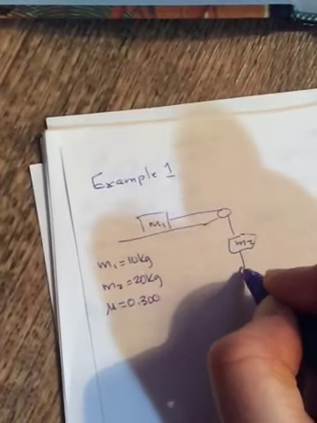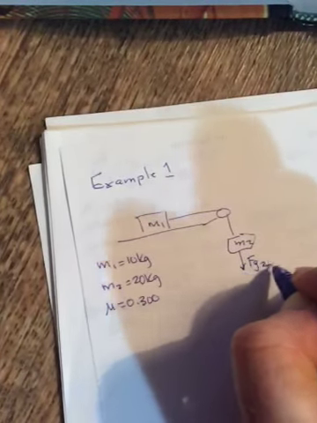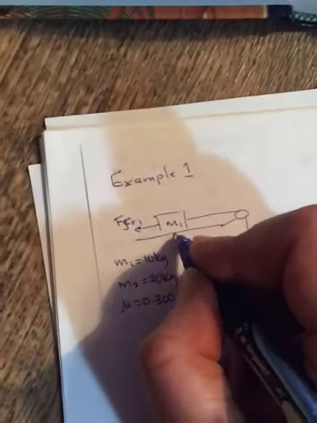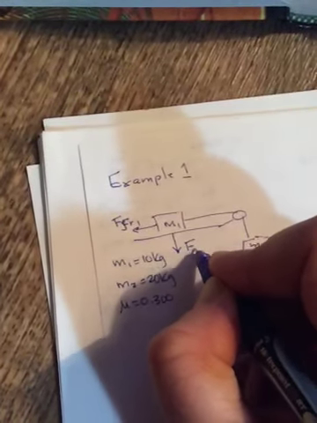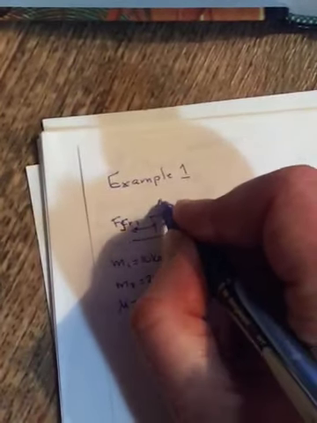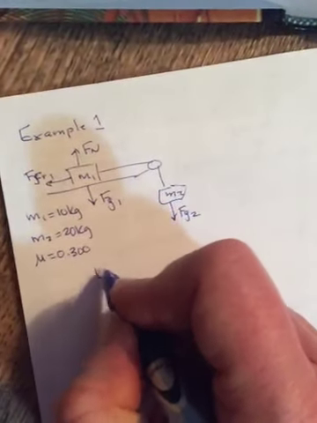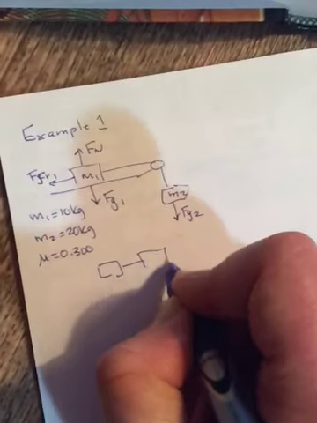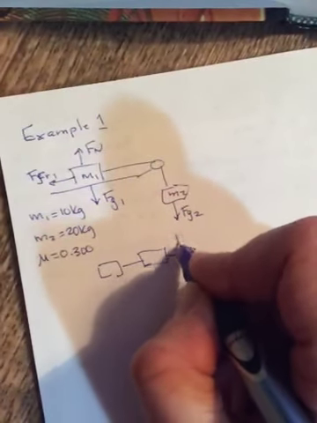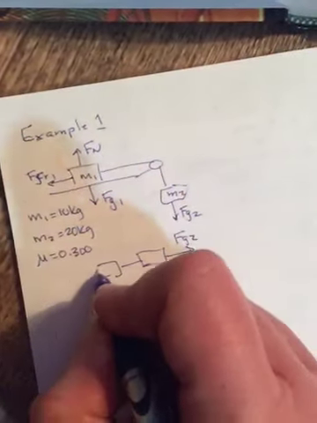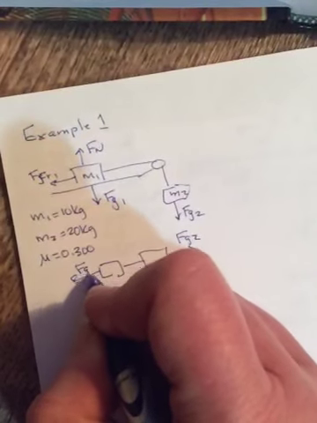Alright, so FG2 is pulling down, F friction is pulling back, and that's the friction just on number 1. It's the only one sitting on the surface. FG1 is going this way, Fn is going this way. So this time when we draw our system out, FG2 is going to pull this way, and friction is going to pull backward.